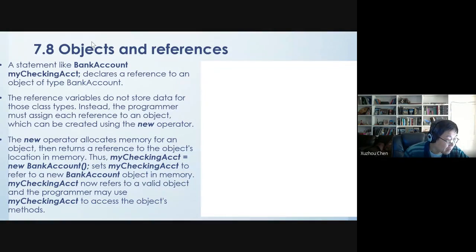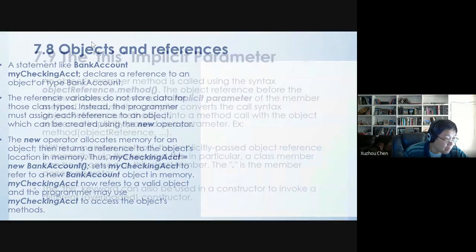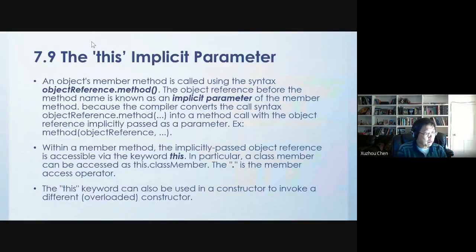Now today we're going to continue to talk about some of the terminologies, keywords, and some of the operations for the object. An object's member method is called using the syntax object dot method.